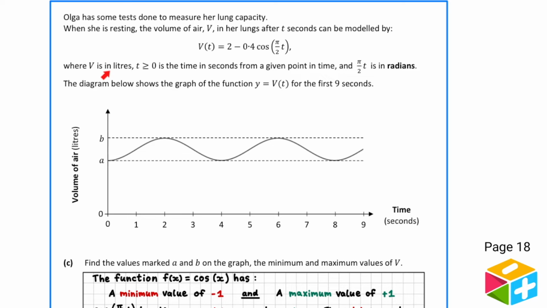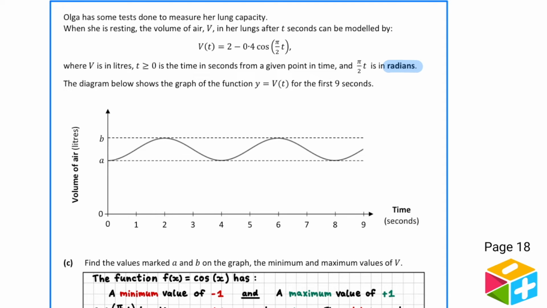Here, the volume is in litres, and t is the time in seconds. An important thing to note here is that the expression inside the cosine is measured in radians. This means that we'll need our calculator in radians mode for the duration of this question.